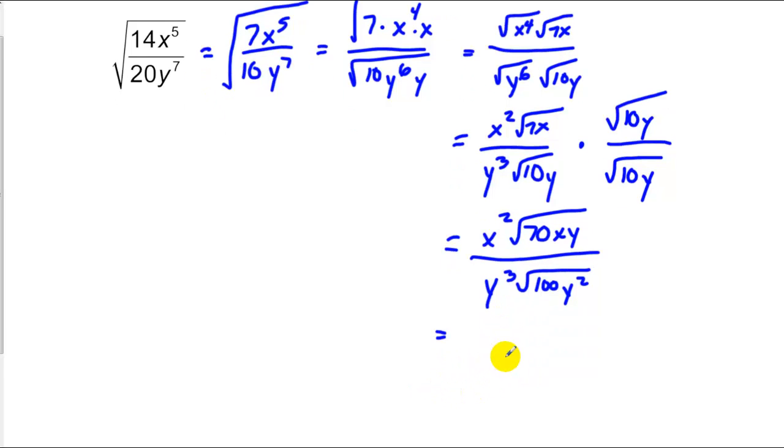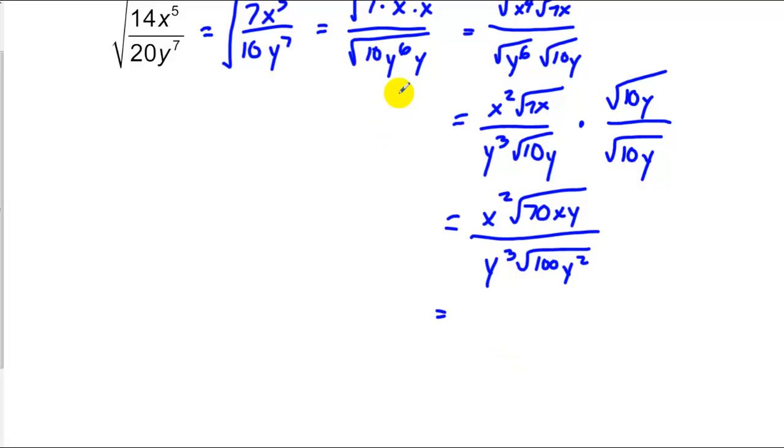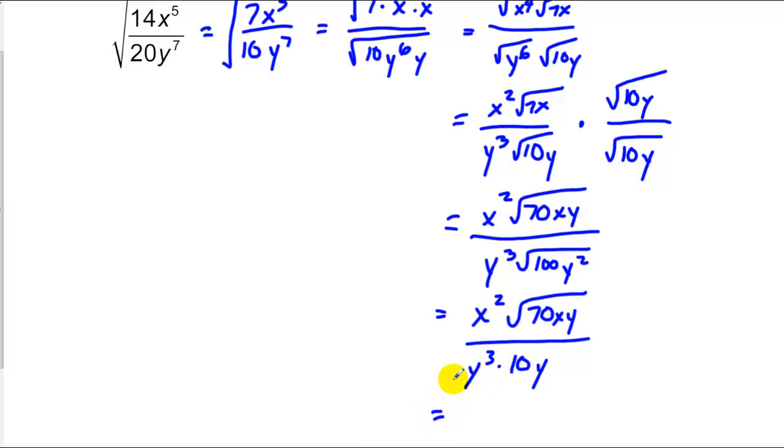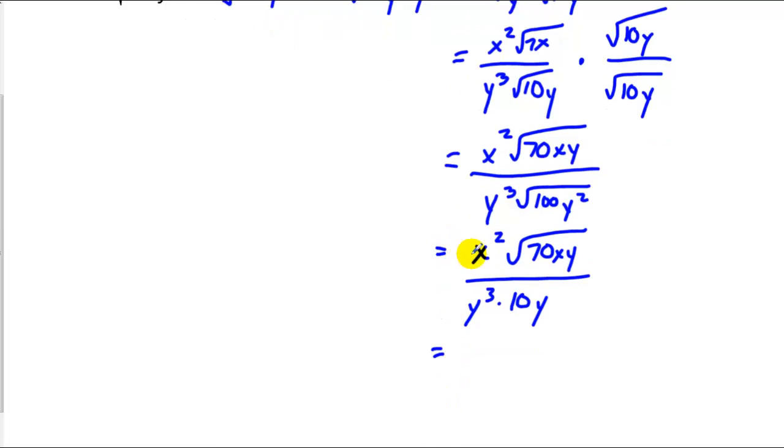Now, root 100 y squared is a perfect square, and the square root of 100 y squared is just 10y. So I have y cubed times 10y, which simplifies in the end to x squared root 70xy over 10y to the 4th.